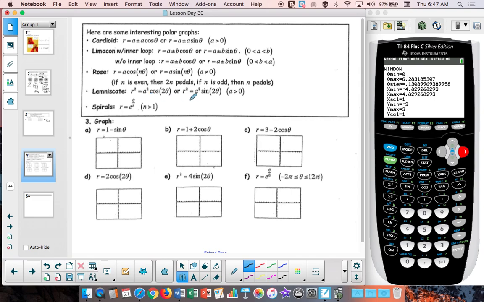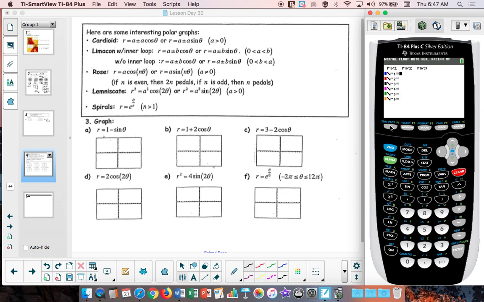But they'll be of the form of that. Nothing crazy about those. Spirals are cool. You should know what those look like. But they have that cool form, e to the power of theta over n, where n is going to be some positive number. And n is not going to change. You can see in F that it's just going to be a number that's in that fraction.